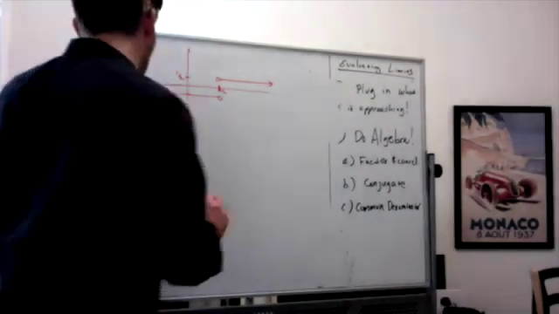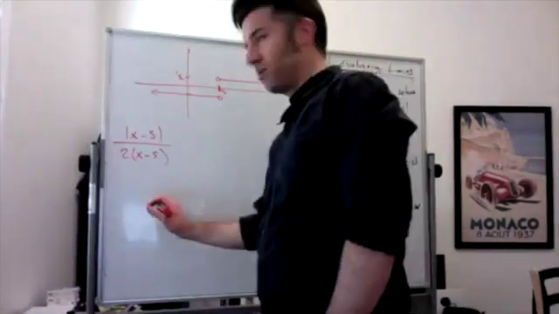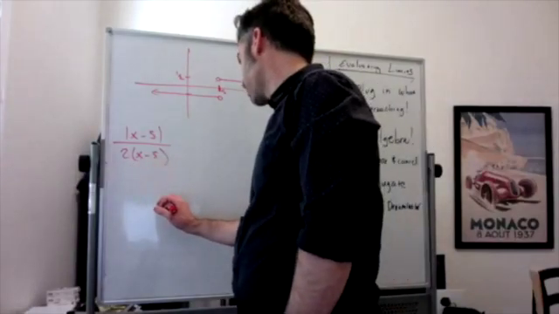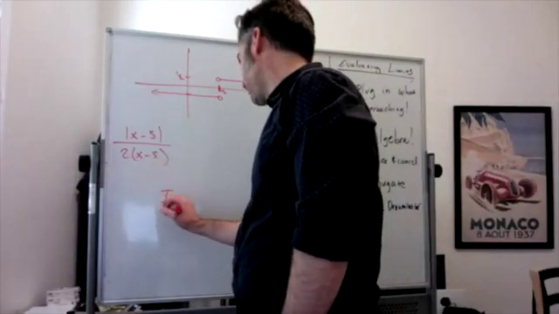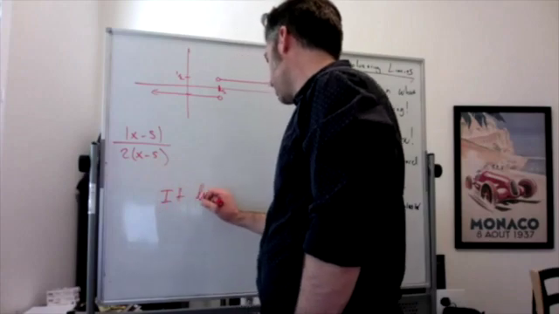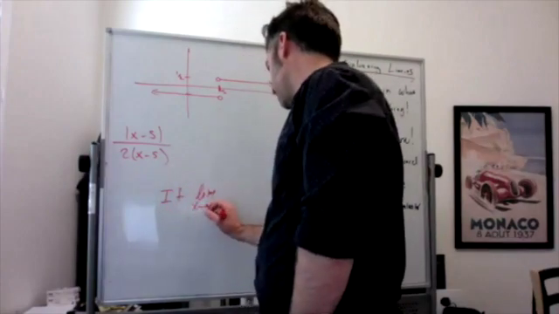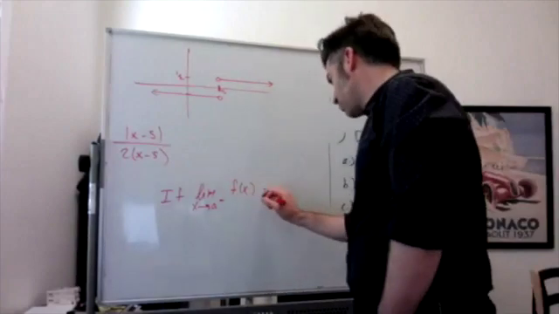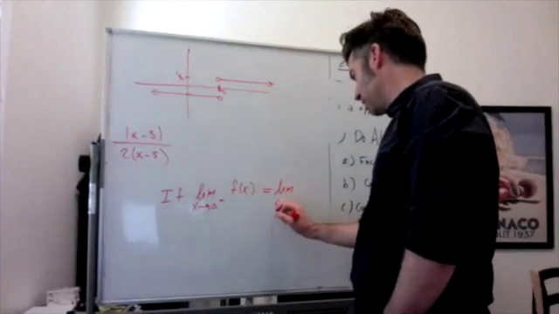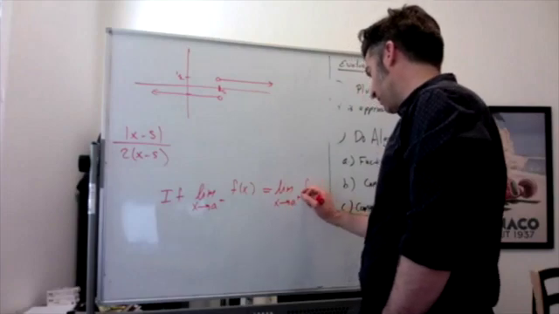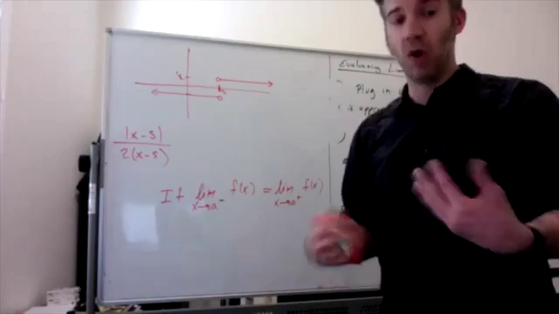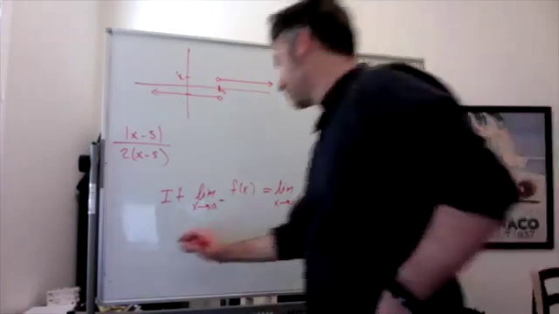But yeah, so someone asked a question that I think is worth addressing. So if the limit as x approaches a from the left-hand side of f of x is equal to the limit as x approaches a from the right-hand side of f of x, so if the left-hand limit is equal to the right-hand limit, then the overall limit always exists.